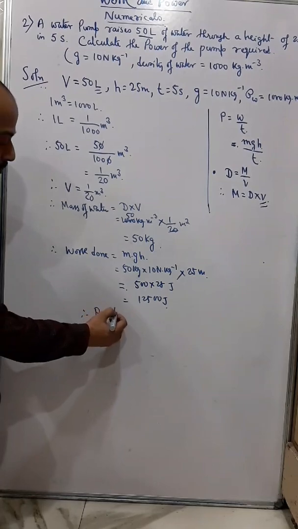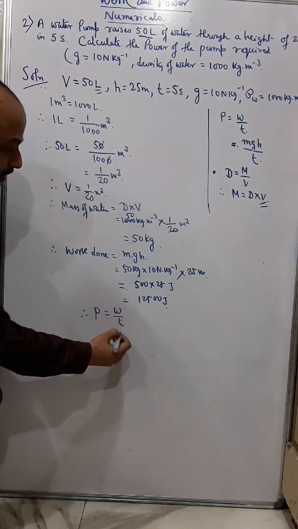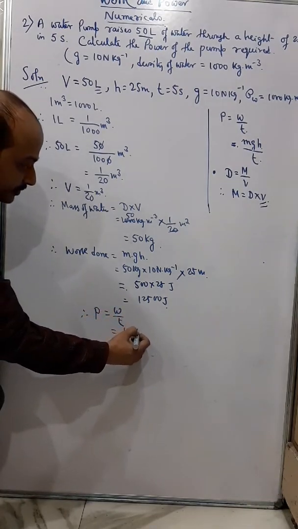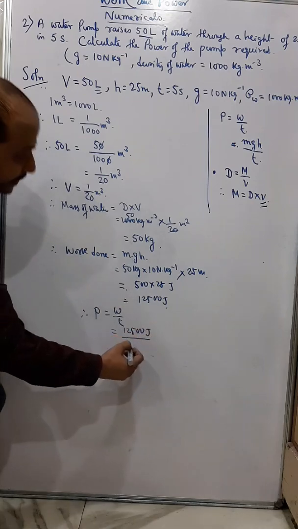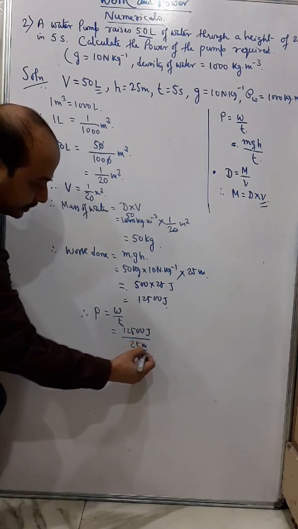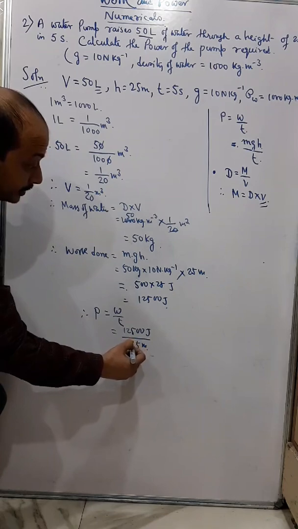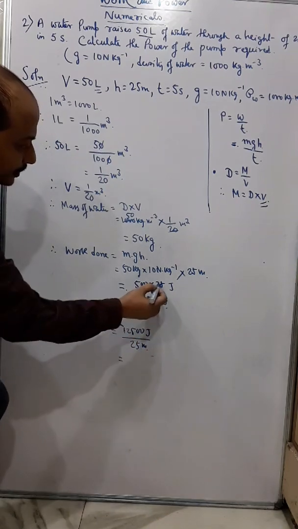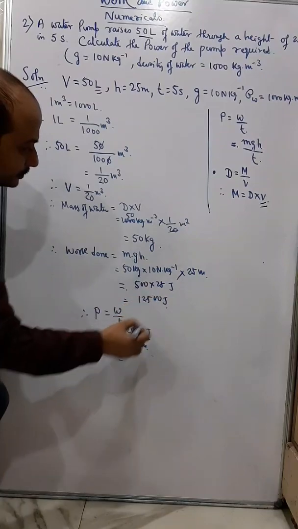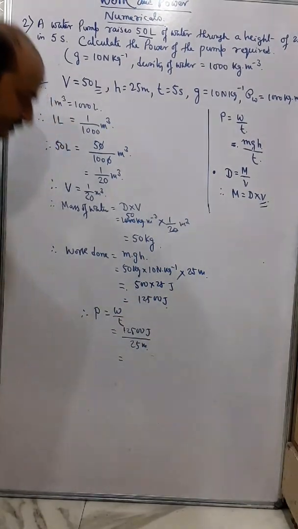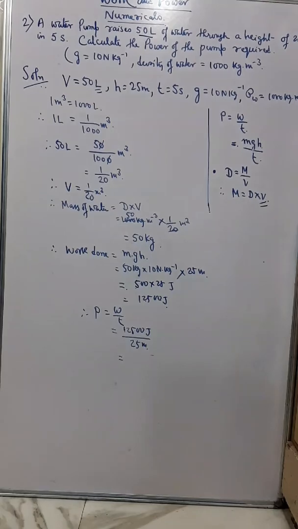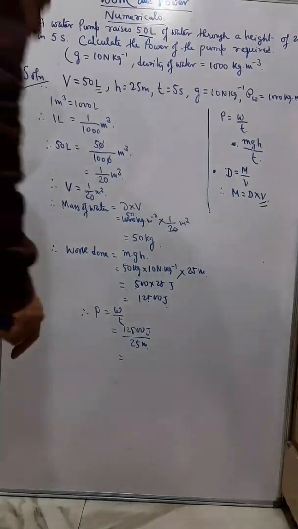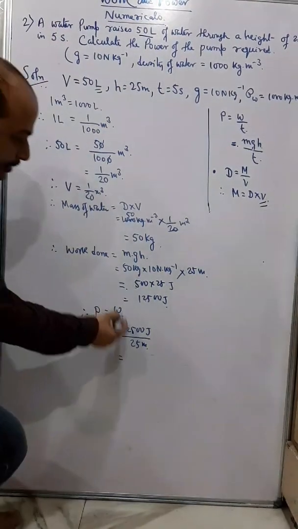So power is equal to work done by time, and work is 12500 joule and time is... okay, so power is equal to work done by time.